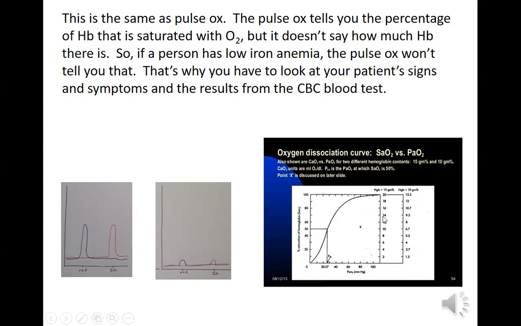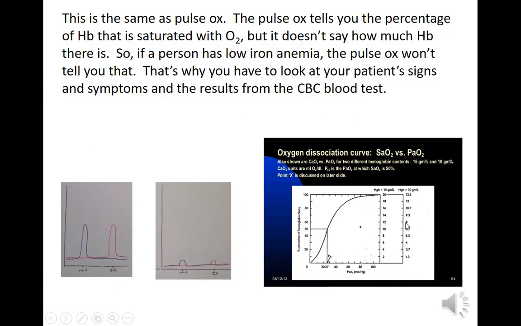I'm going to talk about this later on, this axis to the right here of the curve. This is going to be called your absolute content of oxygen in your blood, and that's the CaO2.